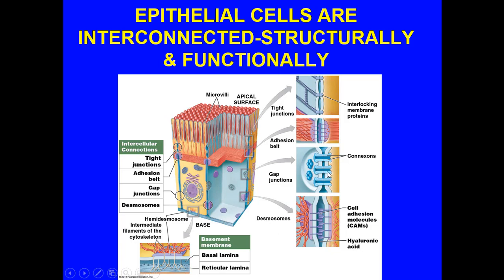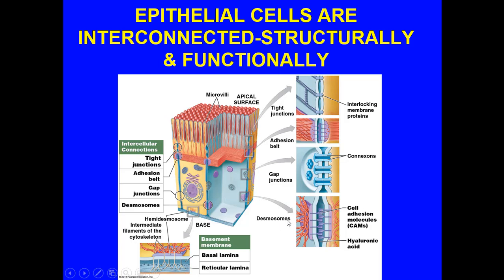Finally, you start having these other unique structures, desmosomes, which you can see there's an internal anchoring of cytoskeletal elements. Then there are some unique proteins here, cell adhesion molecules, CAMs, and it's almost like Velcro. The CAMs attach to one another. They're filled with some hyaluronic acid in between, and basically they have this plaque-like protein out here and here that basically gives them an anchor, and so they're really tightly connected together.